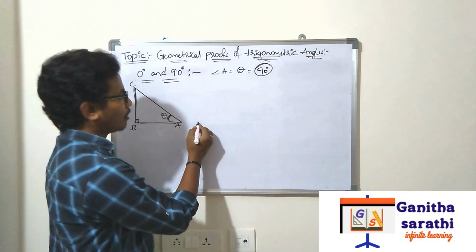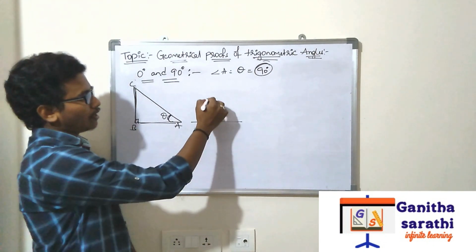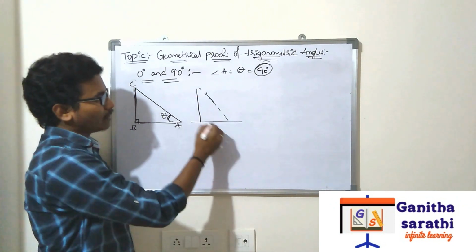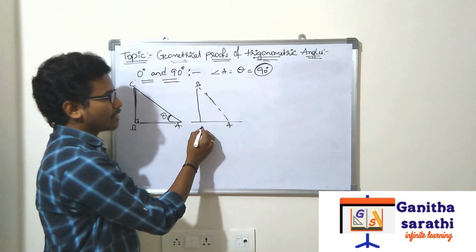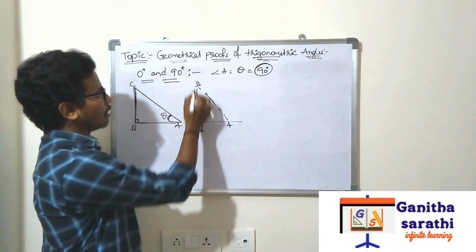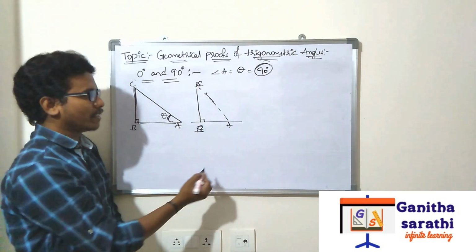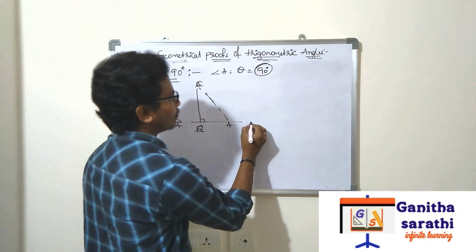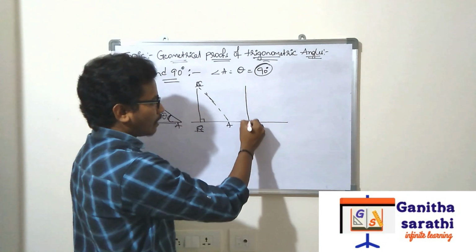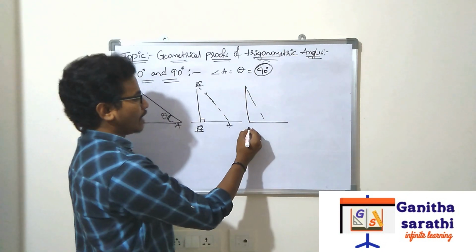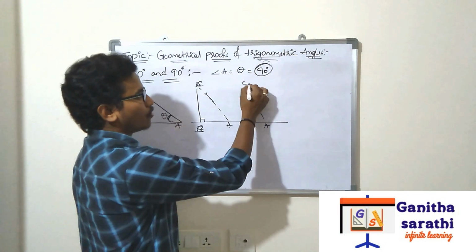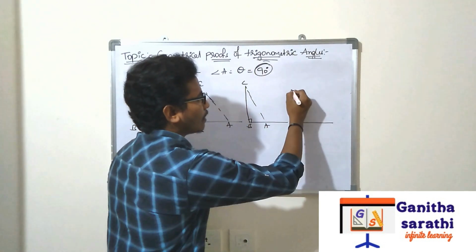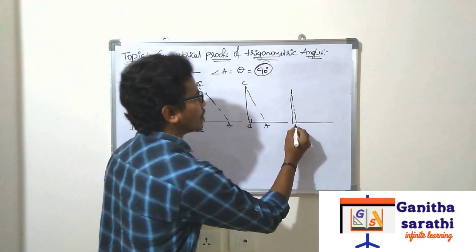Make this angle nearest to us, that is BC. So angle A should be coinciding with angle B. Here also, angle A and angle B should be coinciding.